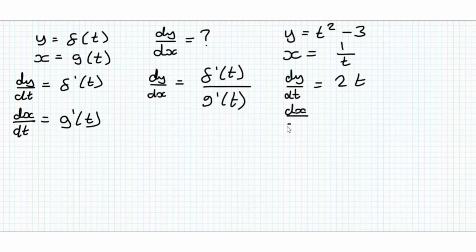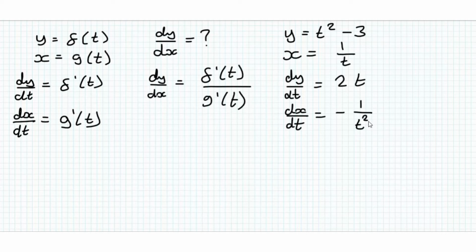And then dx by dt: 1 over t is like t to the minus 1, so we apply the same rule. We multiply by the minus 1, and then we subtract 1 off the power, and the power is minus 1, so we get a power of minus 2.